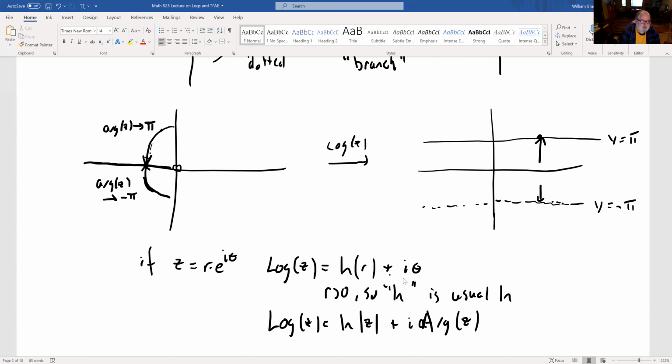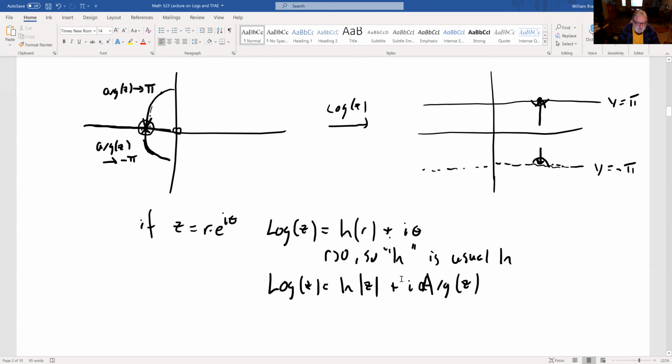And if I take a small circle around that point in the domain, that circle gets cut in two, because the bottom half gets mapped down here, the top half gets mapped up here, and so we have the problem with logarithm, which shows up in a number of different places.